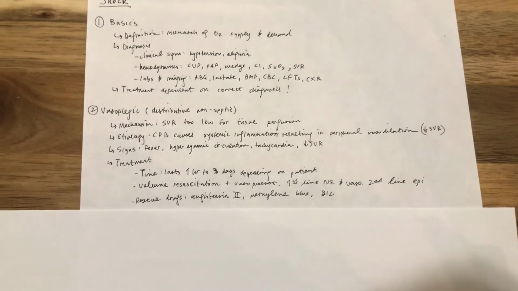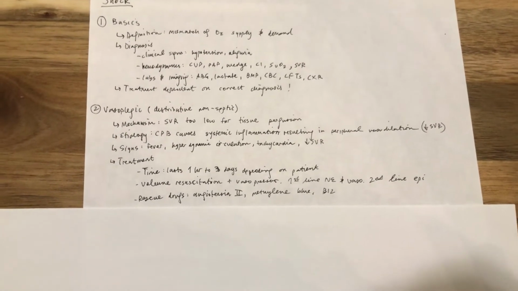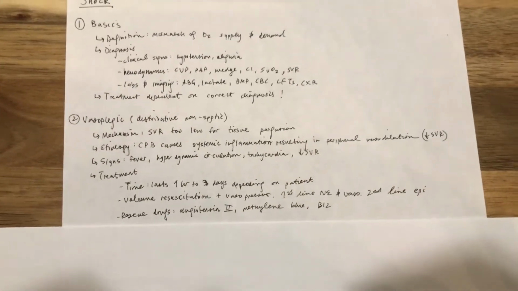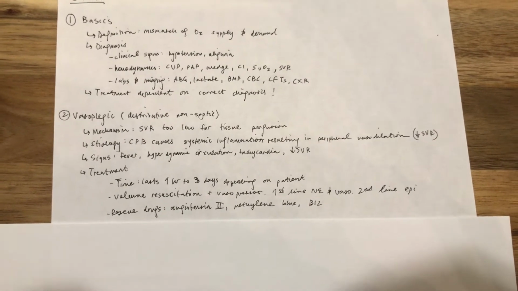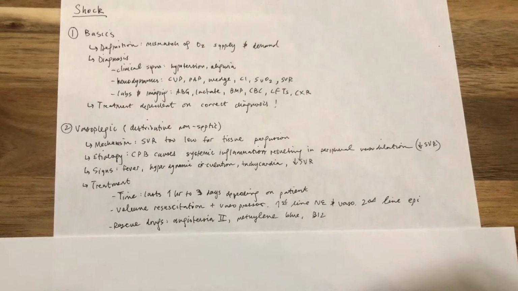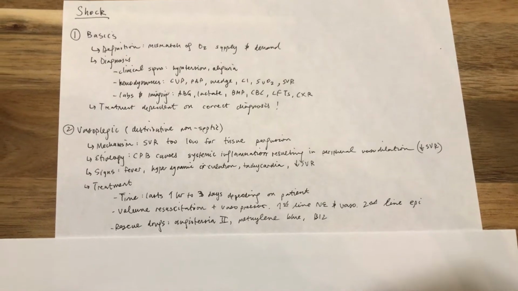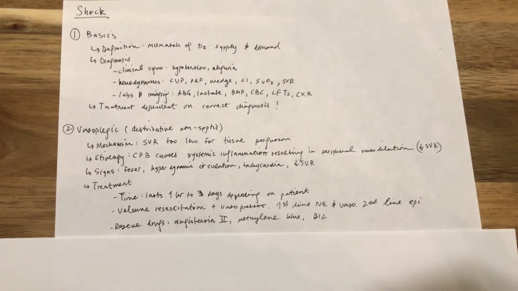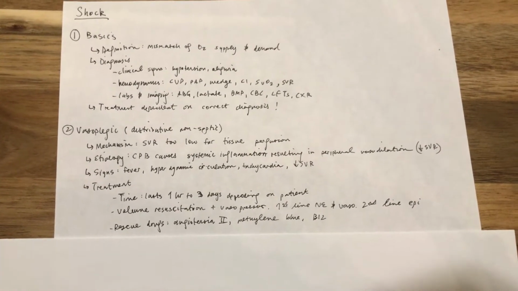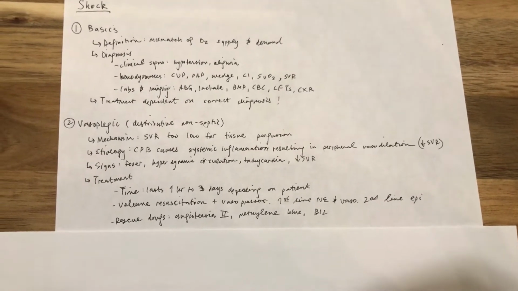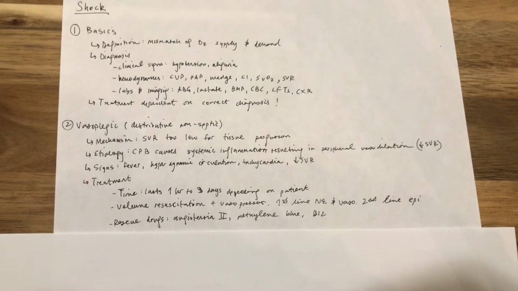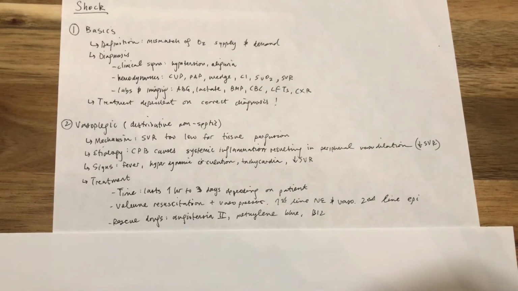And how we treat this is that most of the time, time is the most important factor. So in healthier patients, this post-op vasoplegic shock only lasts for an hour or two, sometimes up to a day. In the sicker patients, especially the end-stage renal patients, it can last up to 3 days.